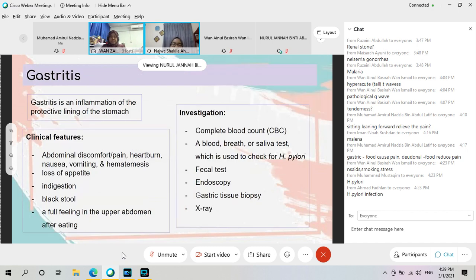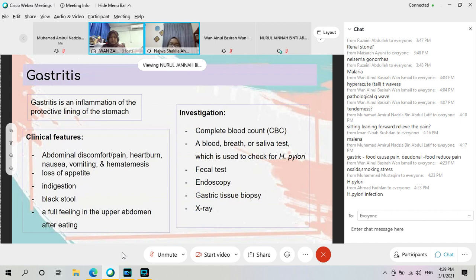Okay, next is gastritis. Gastritis is an inflammation of the protective lining of the stomach. The clinical features are abdominal discomfort or pain, heartburn, nausea, vomiting, and hematemesis. And also, patient might come with loss of appetite, indigestion, have black stool, and the full feeling in the upper abdomen after eating.